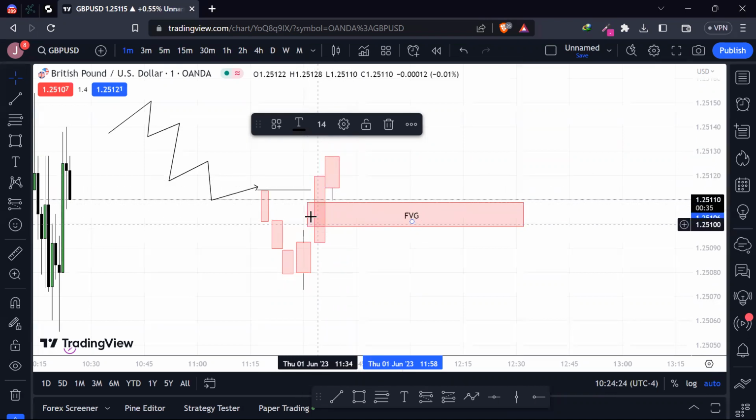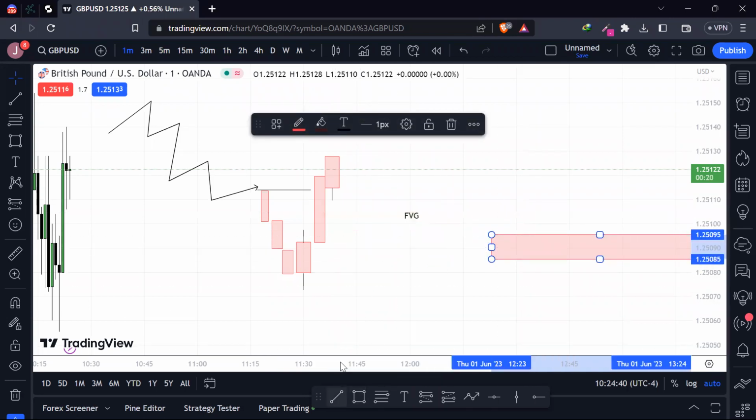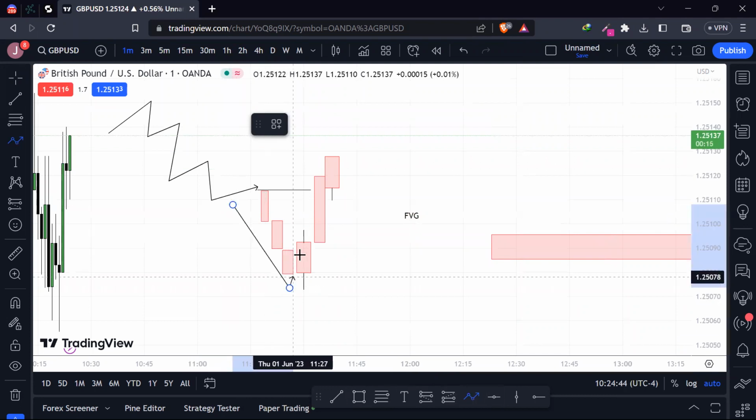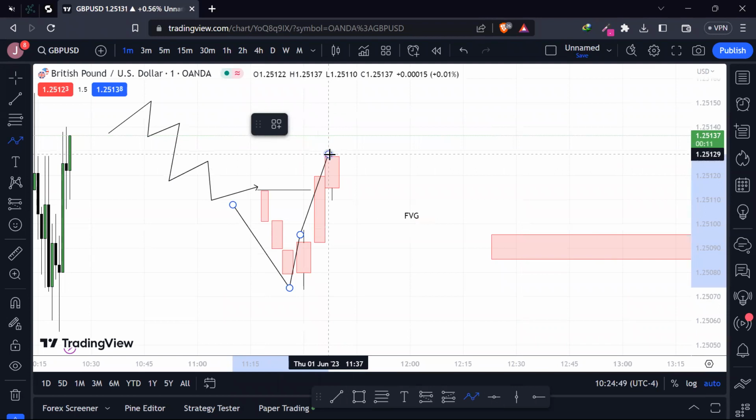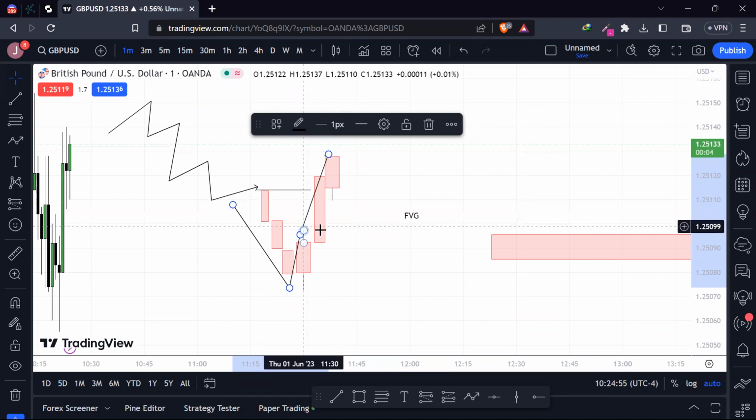So it creates a space where the price didn't give opportunity for the sellers. The price was moving like this and went straight up to buy, but price creates a gap, and the gap is not filled in.